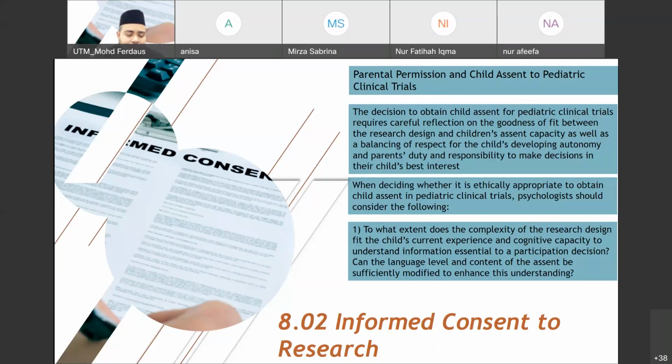Pediatric clinical trials usually are not yet confirmed. Say, for example, we have younger siblings or younger children in our neighborhood or our own students who have developmental problems, for example dyslexia or other learning problems.